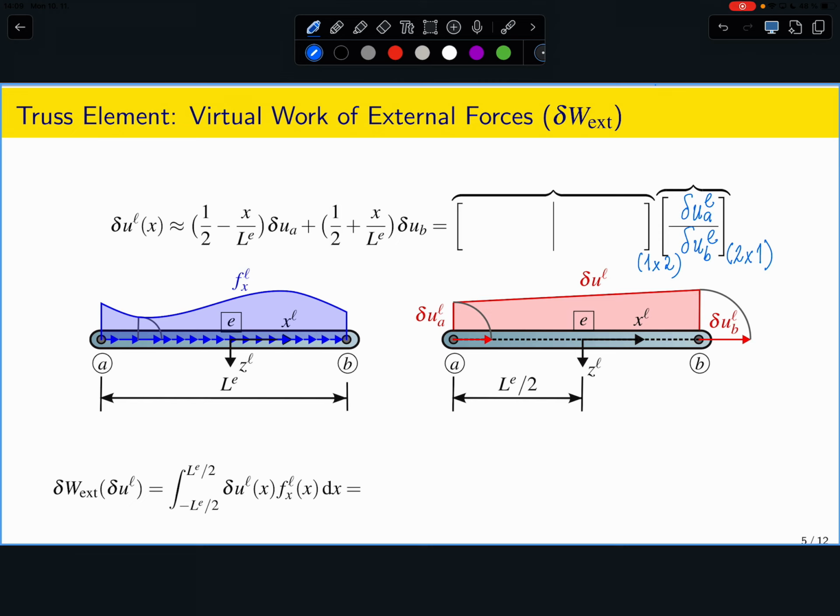The multiplication goes as rows times column. So here I will see this first contribution. Here I will see 1/2 plus x over LE. And altogether I will denote this as N underscore, because this is a matrix, as a function of x.